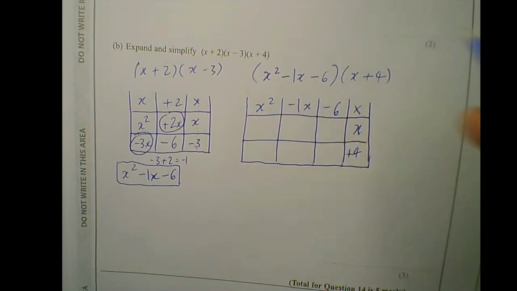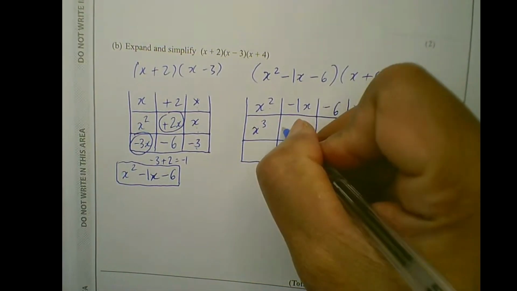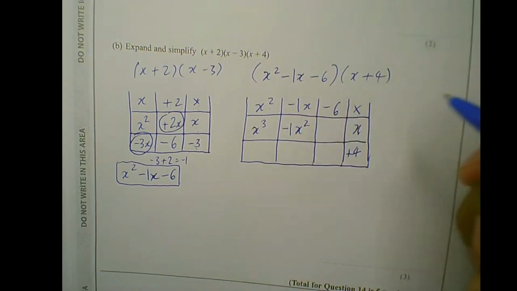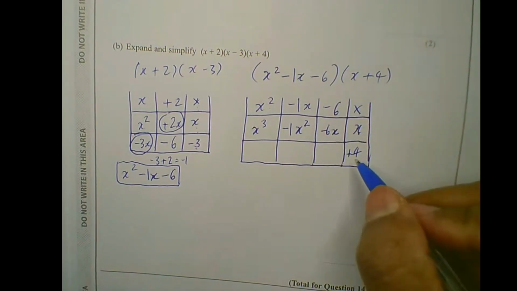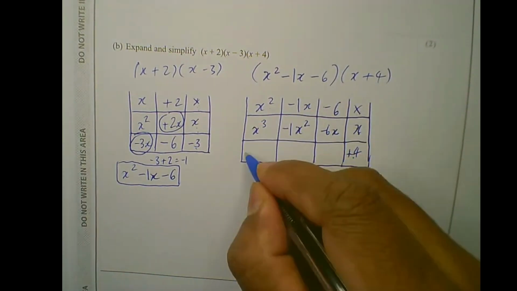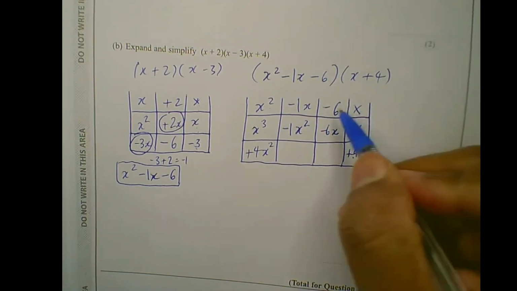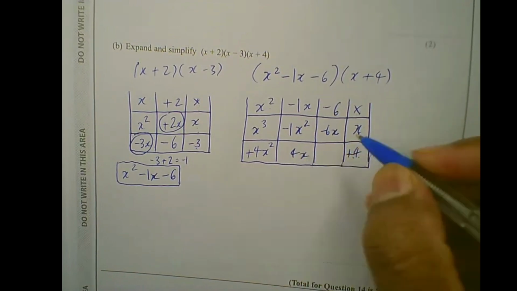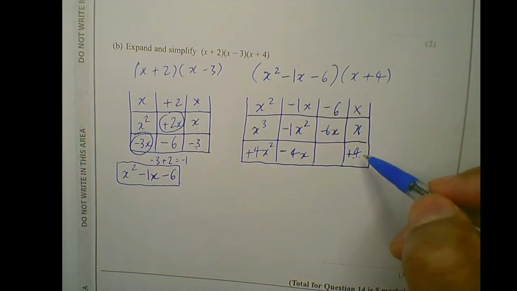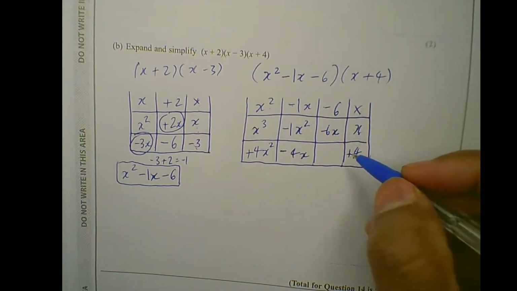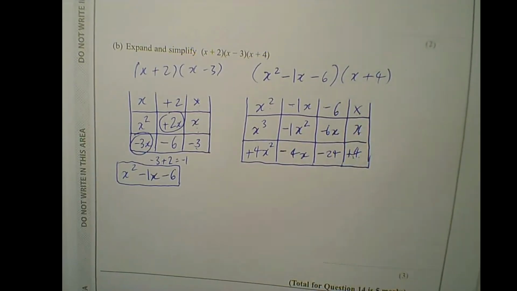So x times x squared, x cubed, x times minus 1, so minus 1x squared. x times minus 6 is minus 6x. Now I do 4 times x squared, plus 4x squared. 4 times 1 is 4, so 4x. Then a negative and a positive gives me a negative. And then you've got 4 times 6, 6, 12, 18, 24. Positive and a negative gives me a negative.